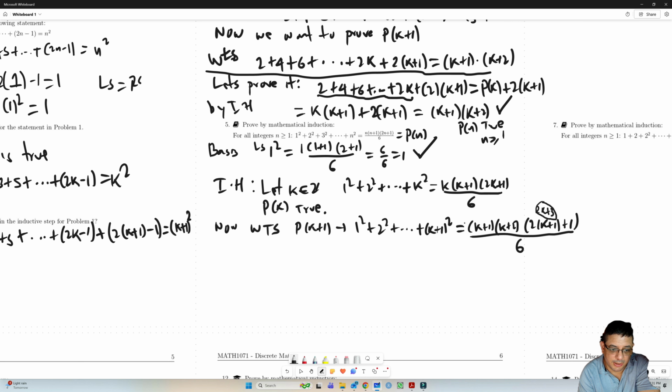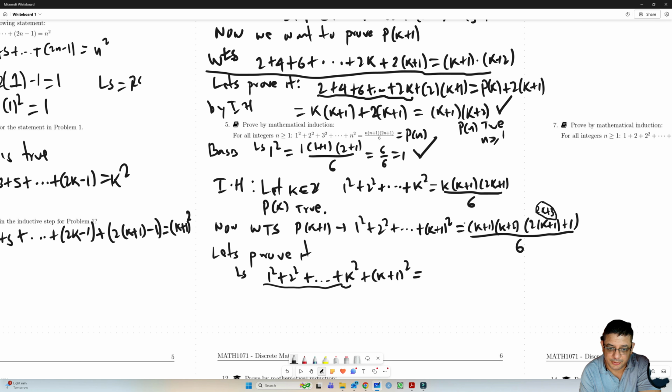Okay, now let's prove it. The left side is going to be 1 squared plus 2 squared plus up to k squared plus (k plus 1) squared. The sum of the first k plus 1 squares. But now this part, I know this is P of k.